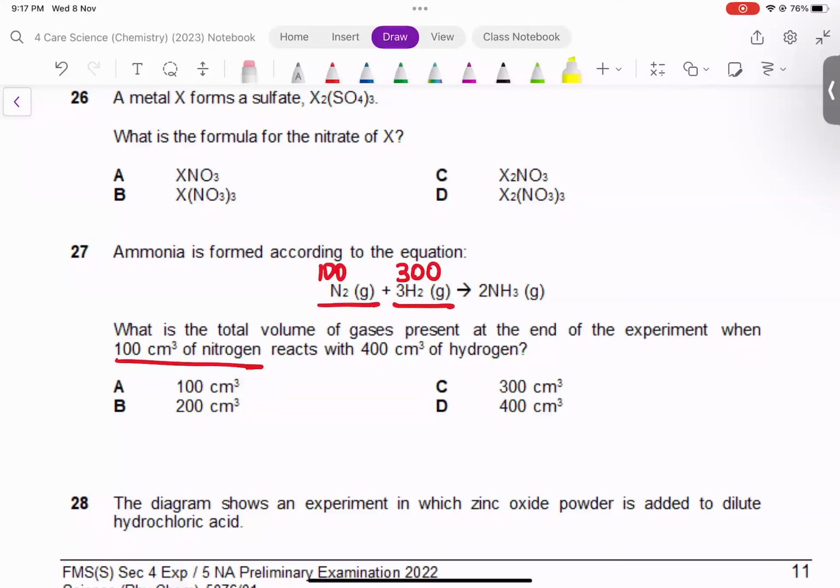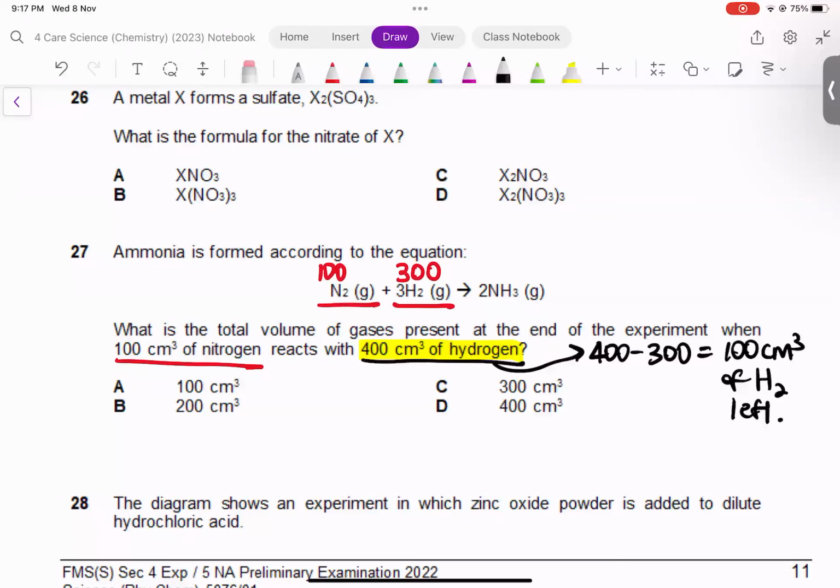So 100 cm cube of nitrogen only requires 300 cm cube of hydrogen. But I'm given 400 cm cube of hydrogen. This means that I have 400 minus 300, 100 cm cube of hydrogen left. It's left in excess. All right, this is important for us to take note.